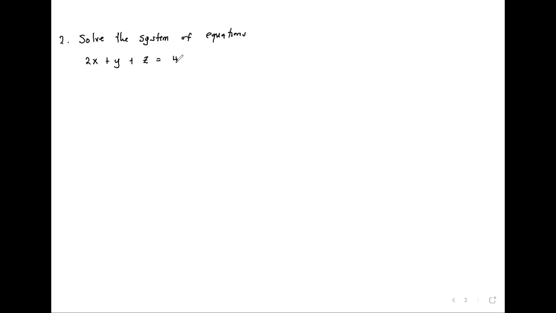And then minus 5x minus 3y is equal to 6. And then x plus y minus z is equal to 8. So they ask us to solve the system using the inverse method.